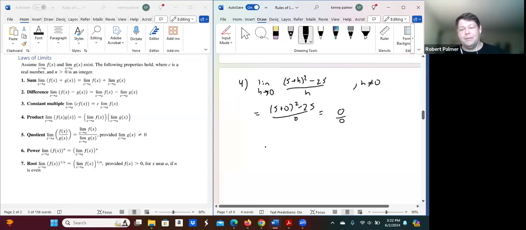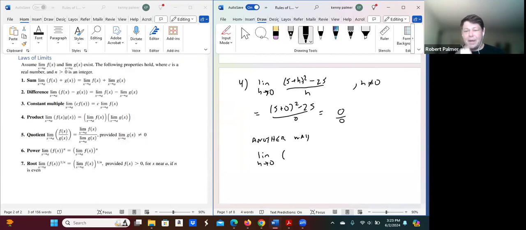All right, so what we're going to do, let's go back here, is multiply the top through. I'll just call this another way. So the limit as h goes to 0. I'm going to multiply this through. Remember, you can't distribute power.